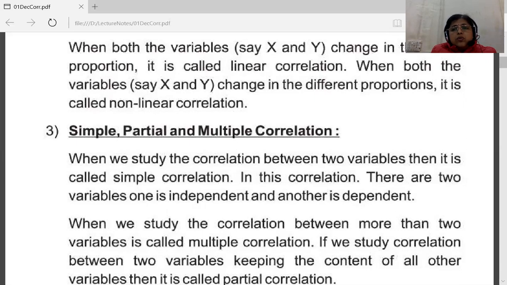Now we are trying to understand the relationship of demand with price. What will be the impact of changes in price on the demand of a product? And we are keeping all other things constant, then this will be partial correlation.